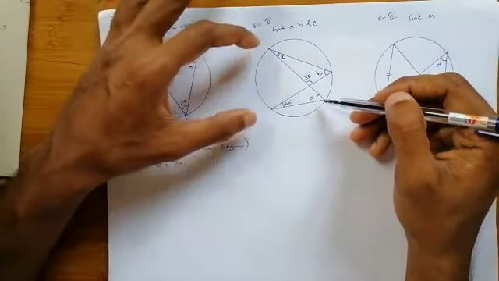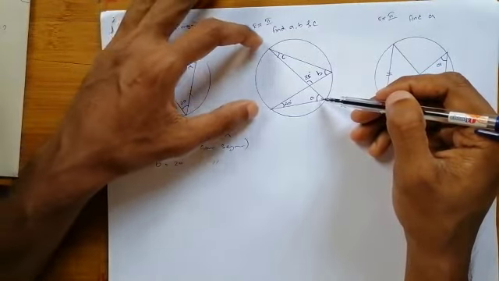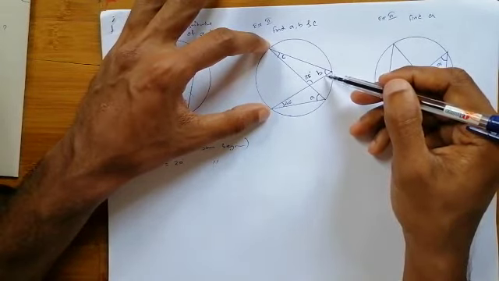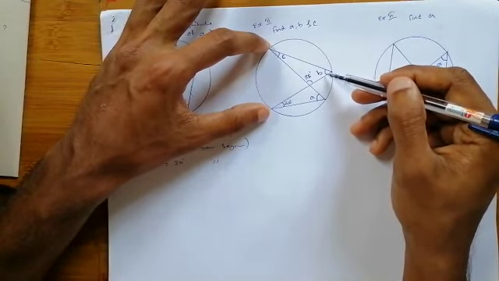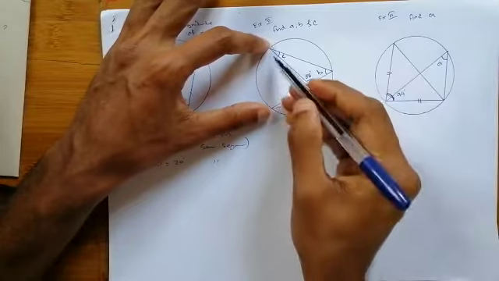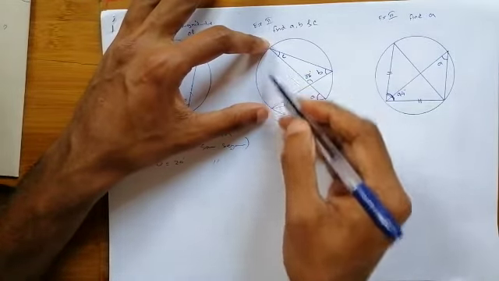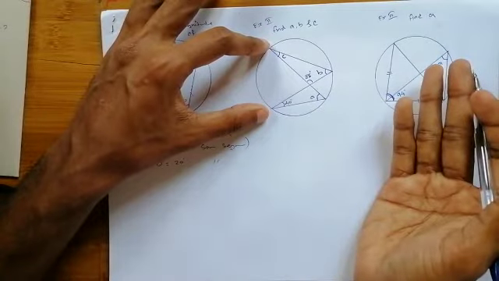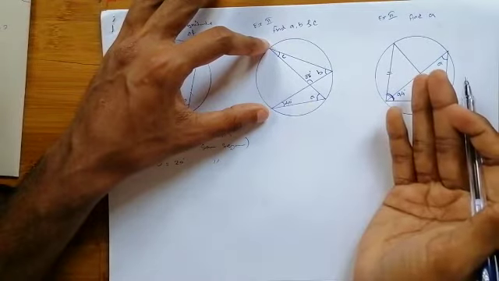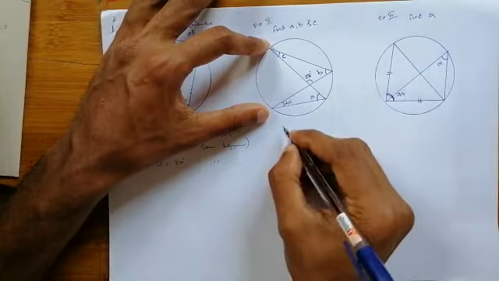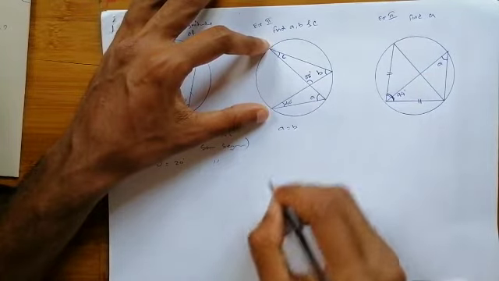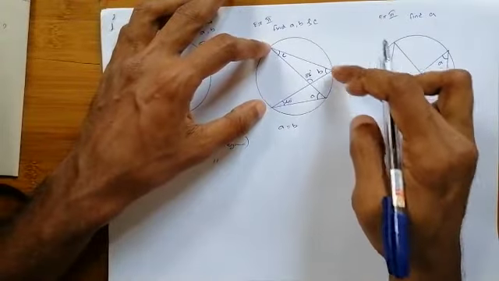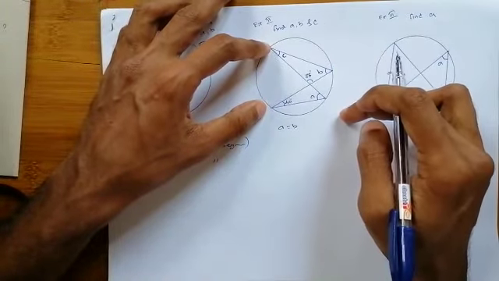Angle a is created by this arc, and considering b, the same arc creates that angle. If you join the ends of the arc, b and a are on the same side of the chord. That means same segment angles. So a equals b, because the same arc creates those angles.